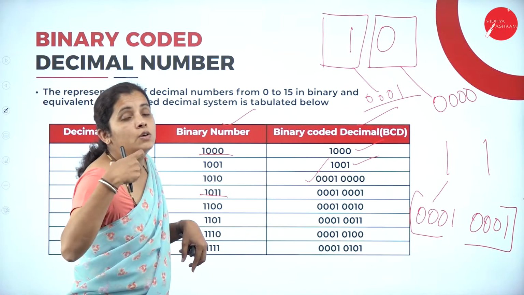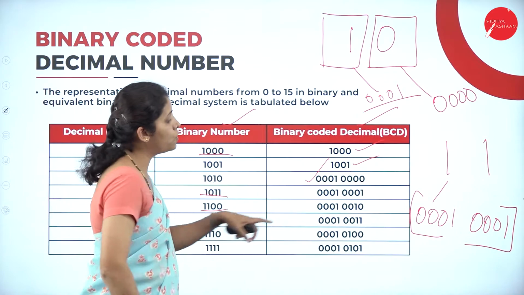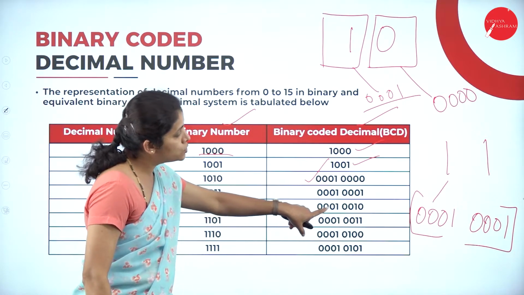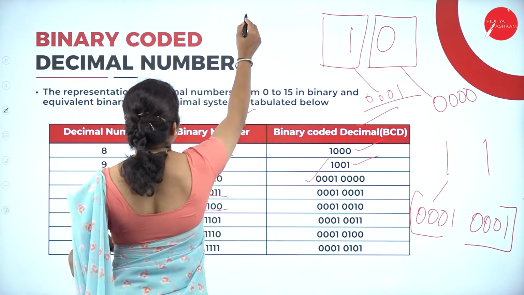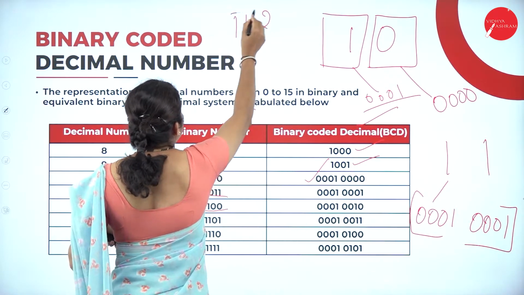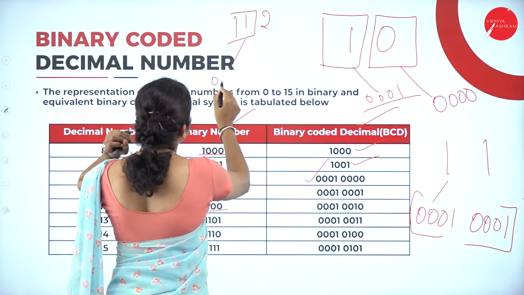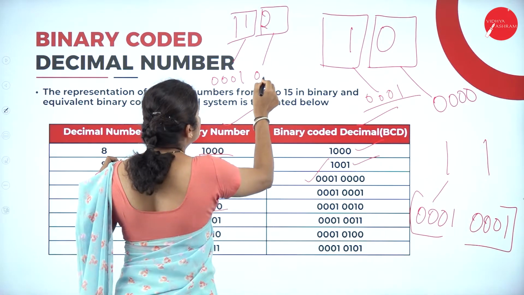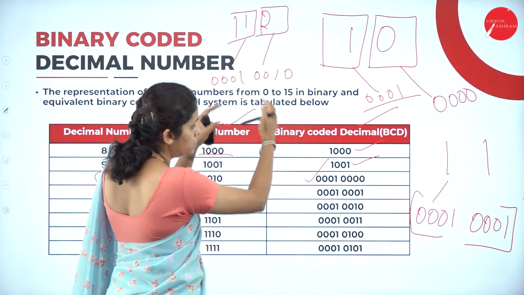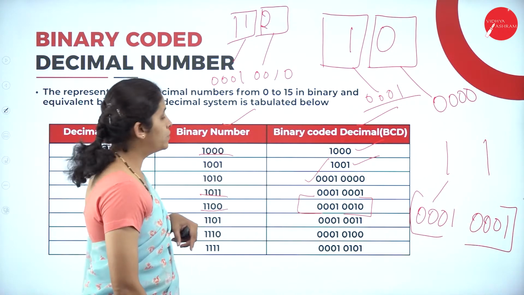What is the binary representation of 12? It is 1100, but in BCD it is 0001 0010. First, I'm going to write the BCD for 1, it is 0001, and for 2, it is 0010. So, this is the BCD representation of 12.